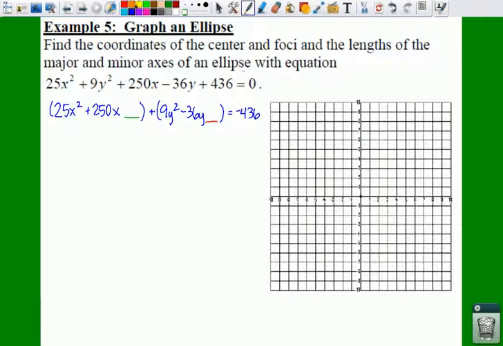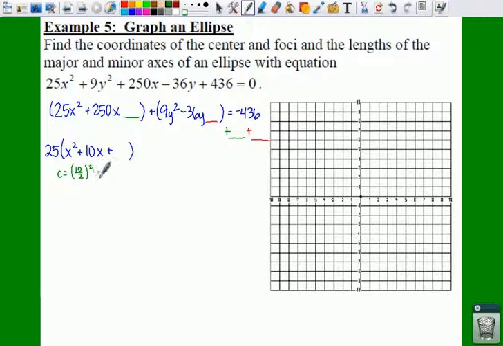Now what we're going to do on the right is we are going to have to add something in green and add something in red. So on the left, we're going to take out a 25, and left over we have x squared plus 10x plus, and we're going to need to complete the square here. So we're going to take half of our 10 and square it.